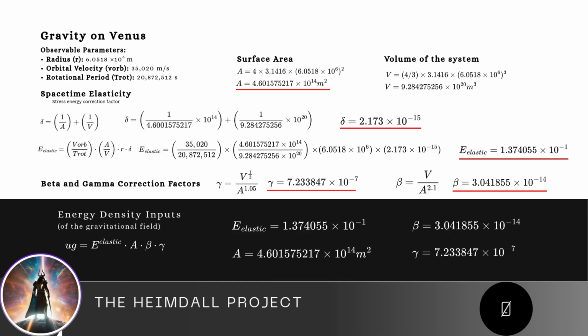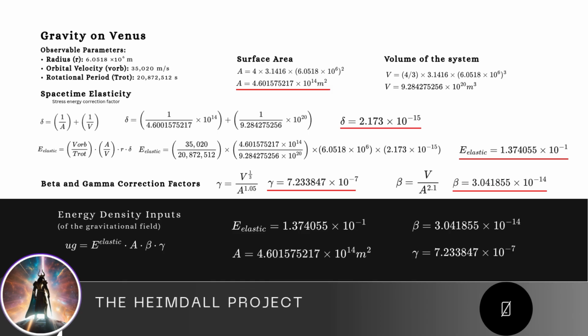I like to be extremely exact, and when you know the rotation, you should use the actual rotational period. But you can use a 15-hour rotational period. That's 54,000 seconds. So use that as a placeholder.